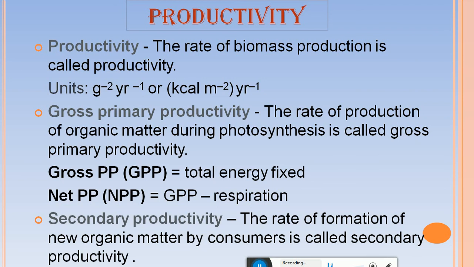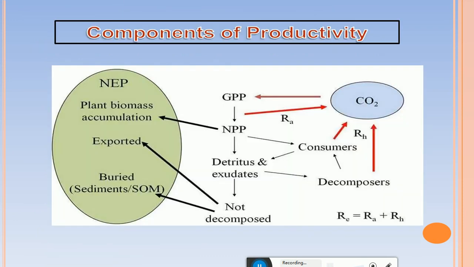Secondary productivity means the rate of formation of new organic matter by consumers. Here you can see with an illustration. The plant biomass gets accumulated, and we as consumers take this, we eat certain plants and vegetables.